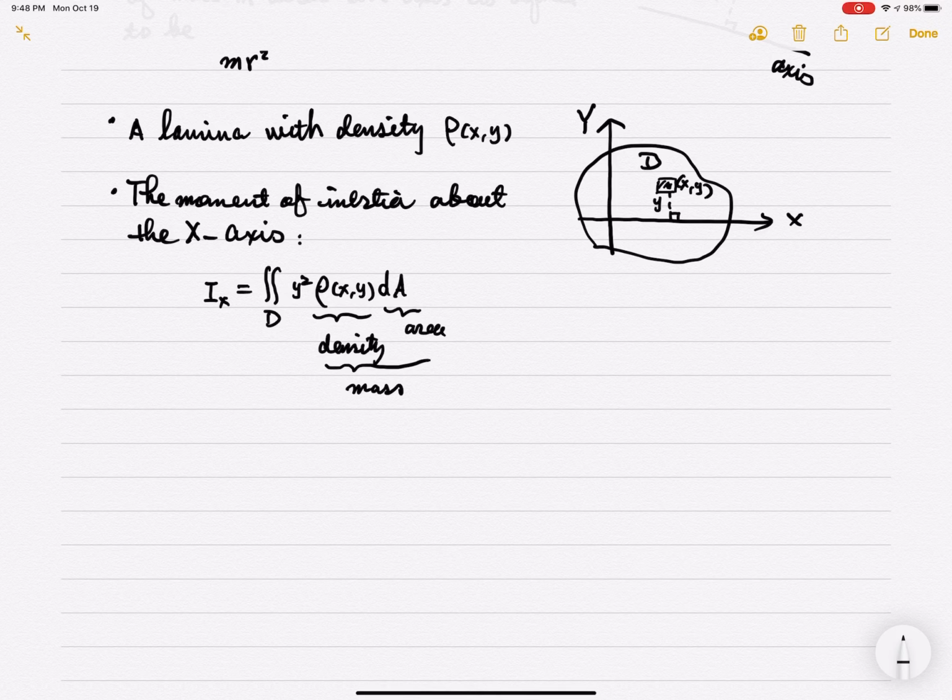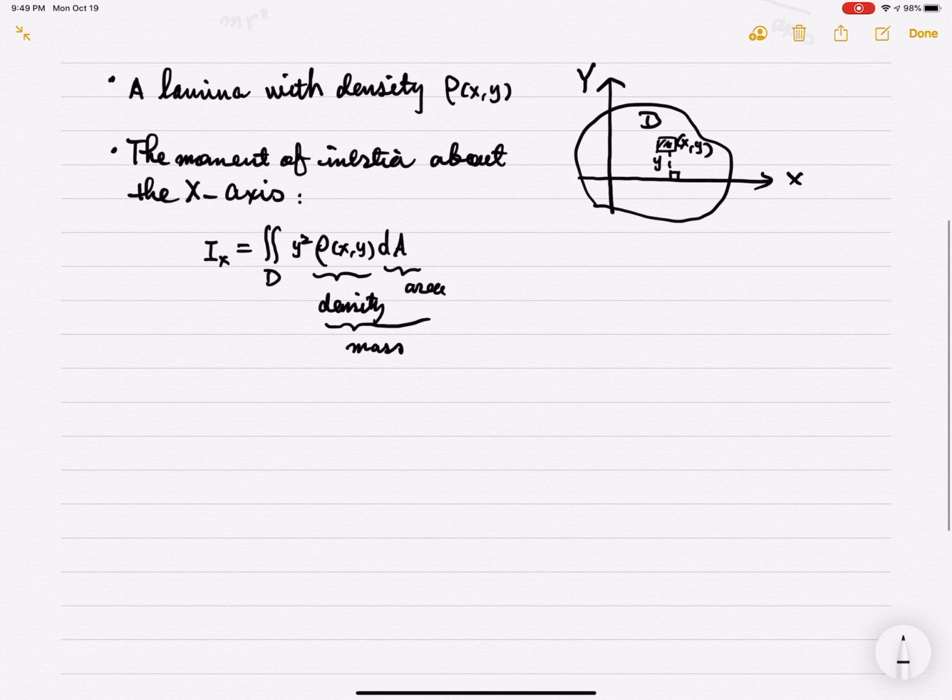The definition is basically a double integral, and the integrand is y squared times the density function. So in the application, you have to give a density function, and then you multiply by y squared. You do the double integral over D, depending on how you describe D, like a type 1 region, type 2 region, etc. So you integrate and find the moment of inertia.